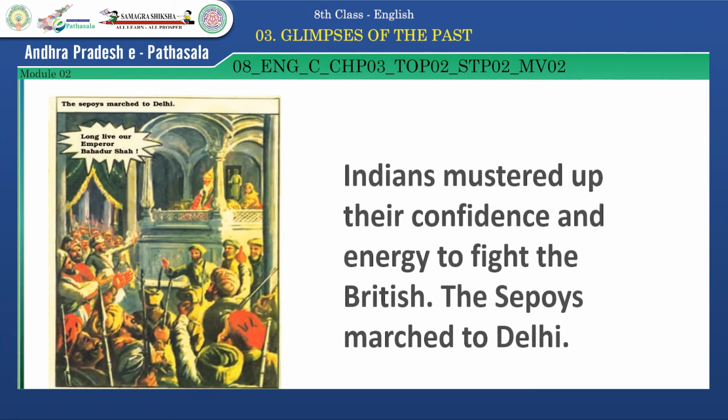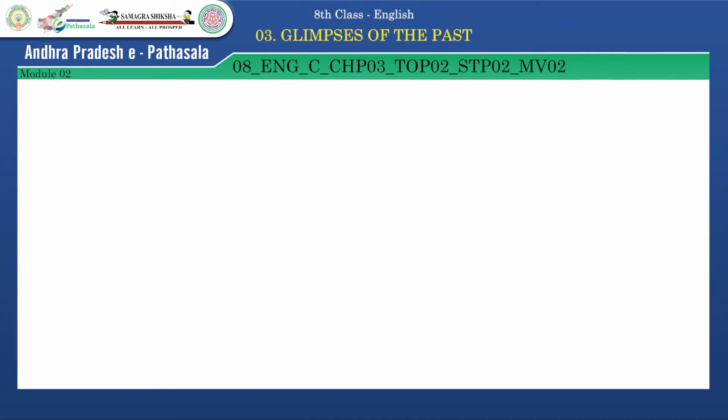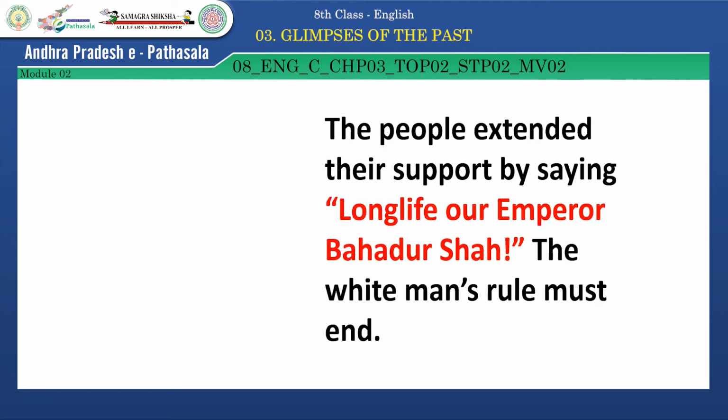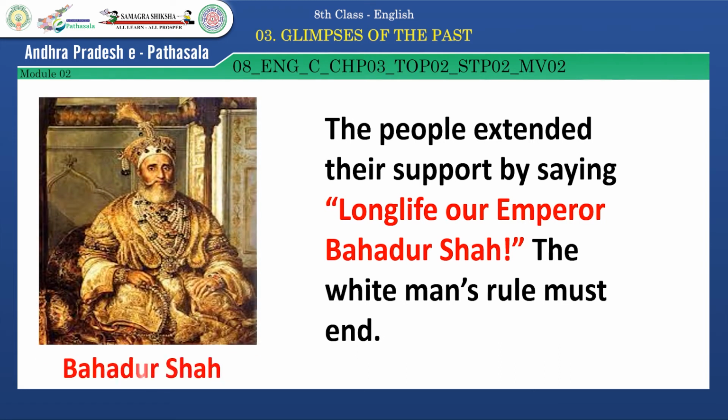The Indians mustered up their confidence and energy to fight the British. The sepoys marched to Delhi. The people extended their support by saying, "Long life to our Emperor Bahadur Shah. The white man's rule must end."